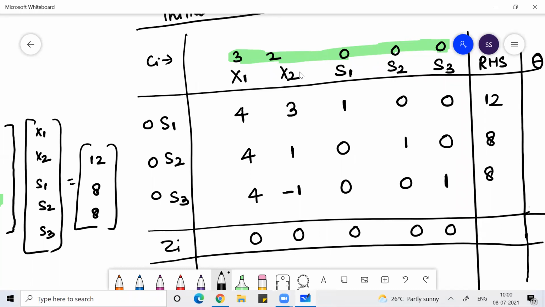Because to find the ZI value, we need to multiply the 0 into the elements inside this table. 0 into 4 plus 0 into 4 plus 0 into 4, so that would be 0 only. The next one is 0 into 3 plus 0 into 1 plus 0 into minus 1. That would be 0 only. So I hope you understood.